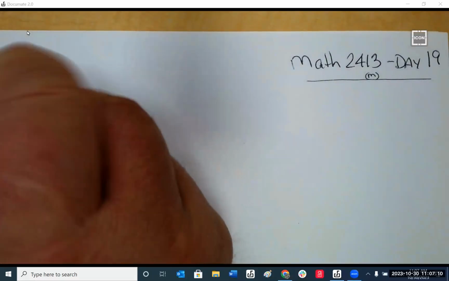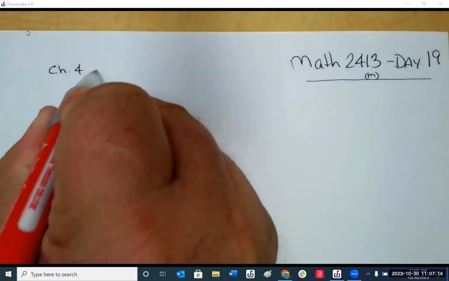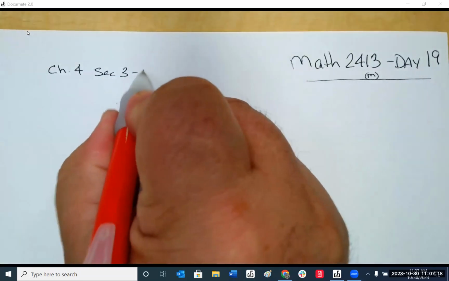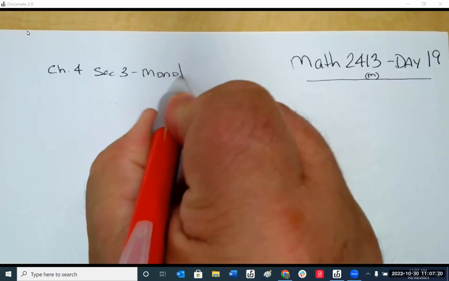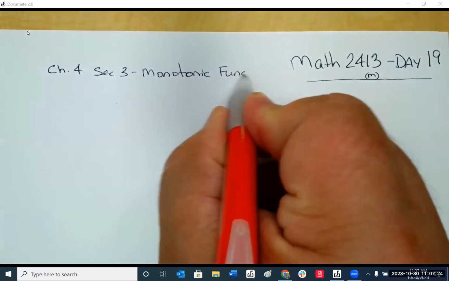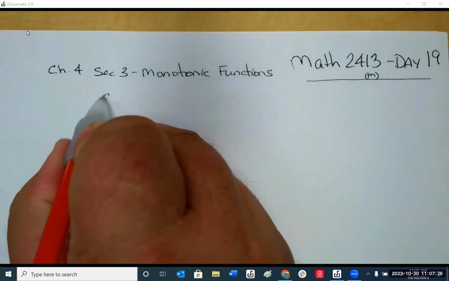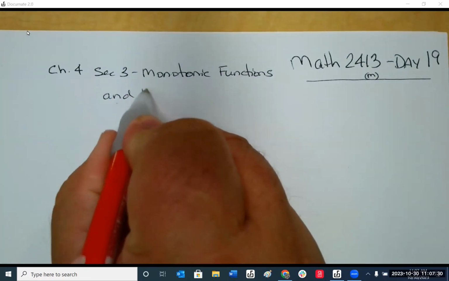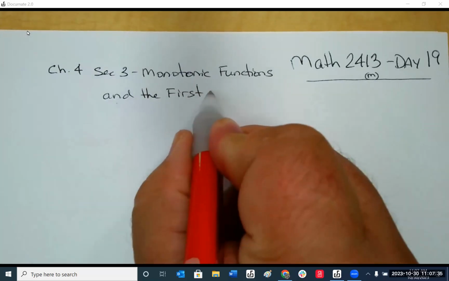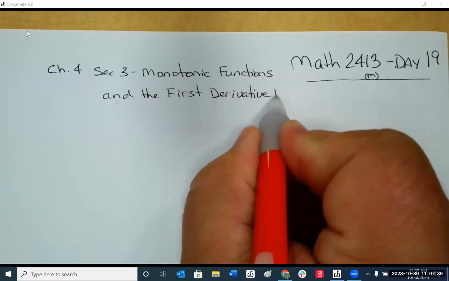All right, today we're going to continue chapter 4, section 3, which is called monotonic functions, and the first derivative test.